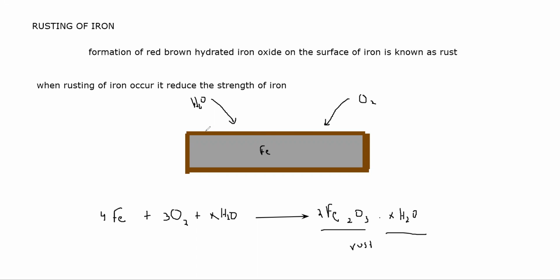It's a flaky substance, so it will tear off and be removed from the surface. For example, if you have an object on which hydrated iron oxide is formed and you touch it, what happens? This layer is a flaky substance, and it is easily removed.